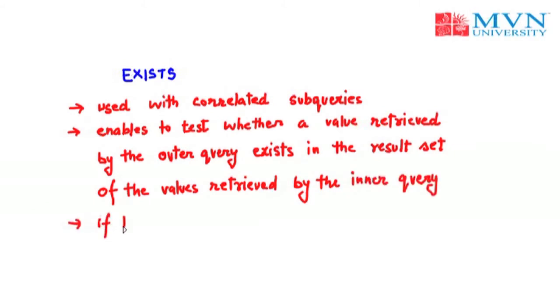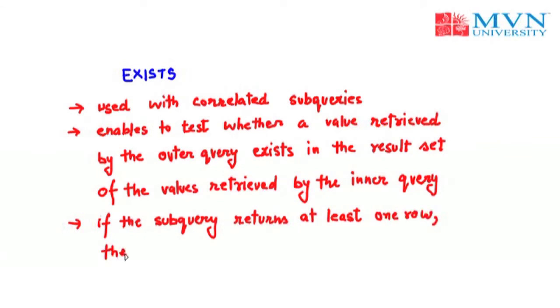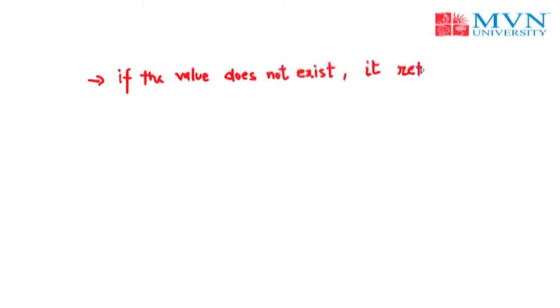If the subquery returns at least one row, the operator returns true, and if the value does not exist, it returns false.